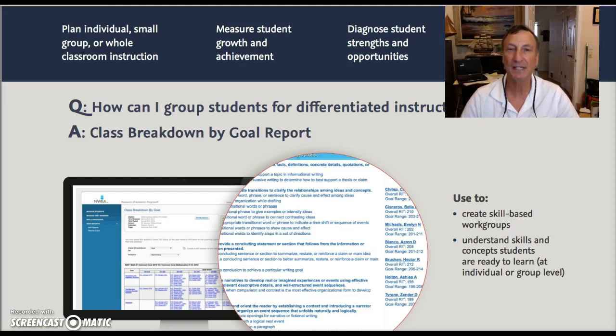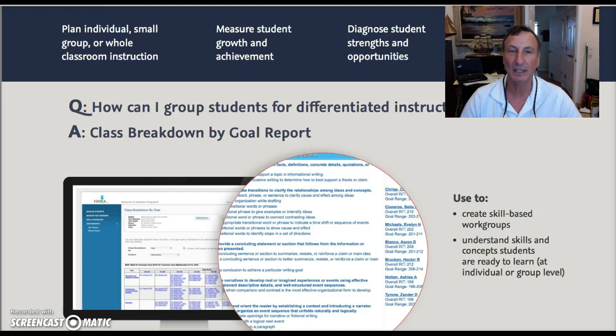As we're aggregating the data and expanding the view from the individual student to the class or a group, we can start using the data to make decisions about how students may be grouped for differentiated instruction, how centers might be most utilized within the classroom, how aids or other supports might be allocated to support individuals or groups.